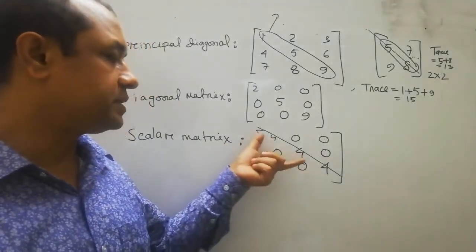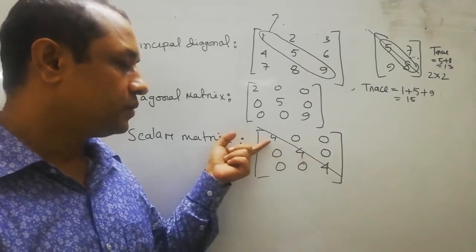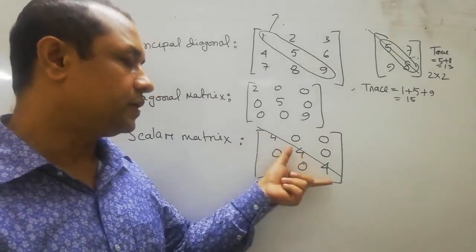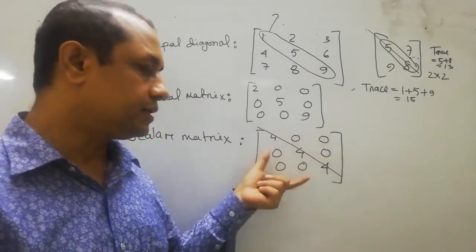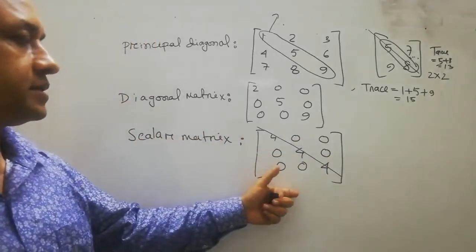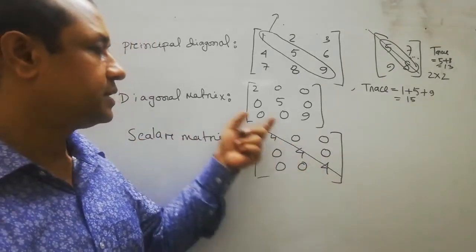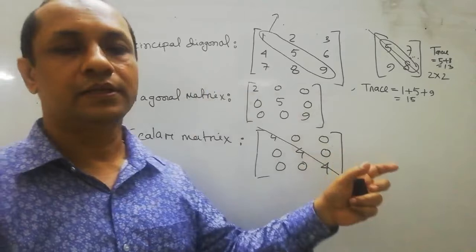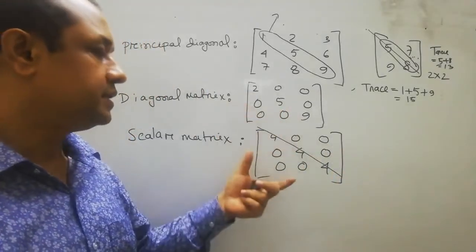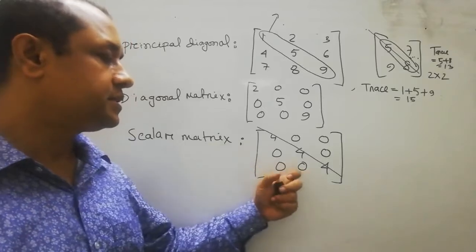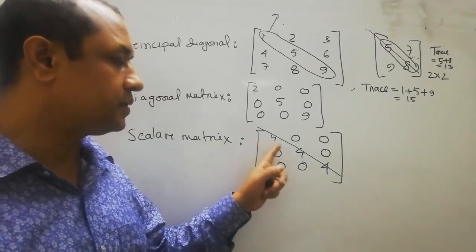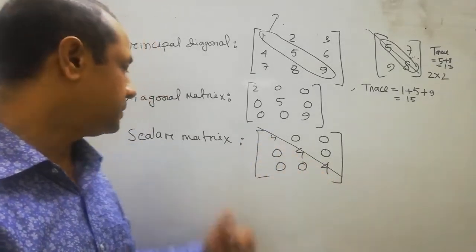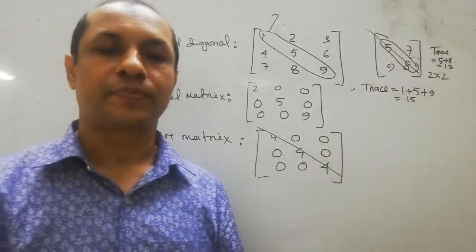All the entries in the principal diagonal are equal. Here 4, 4, 4, all the entries are equal in the principal diagonal, other entries are 0, so this is a scalar matrix. It is also a diagonal matrix. The other is a diagonal matrix, but this one is a scalar matrix, because all the entries in the principal diagonal are equal.